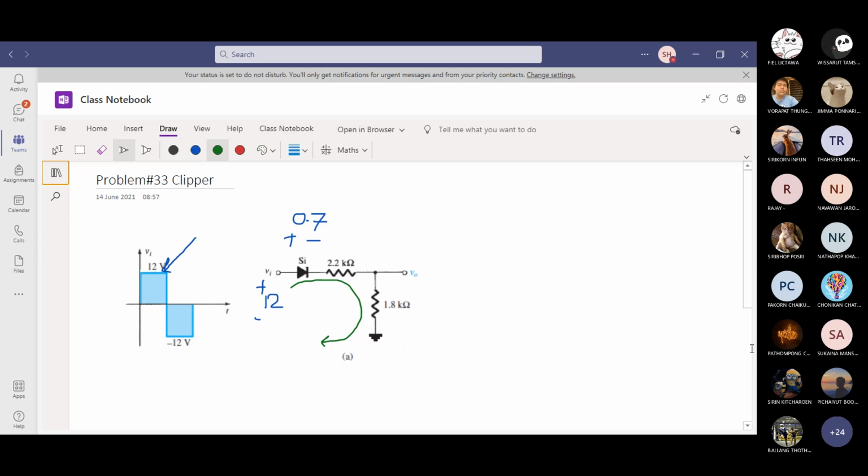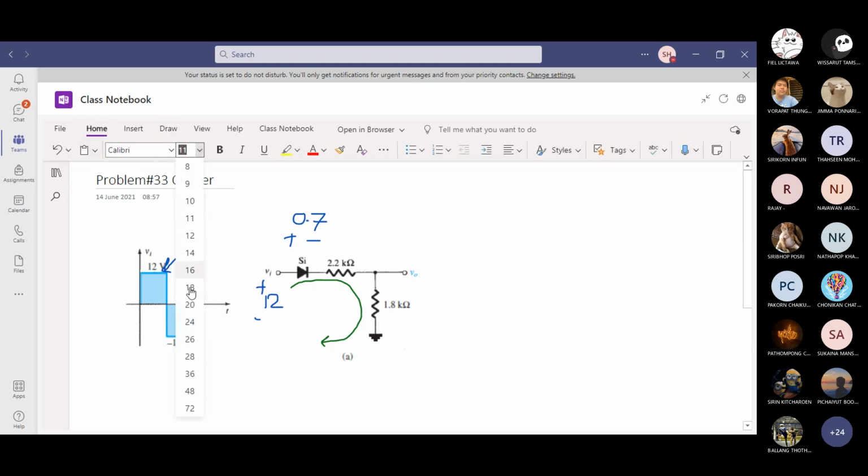What shall we do? 12 minus 0.7 and divide by 4 kilo ohm. Very good. That's the correct answer. So how did he say it? Let me type in the value for you.